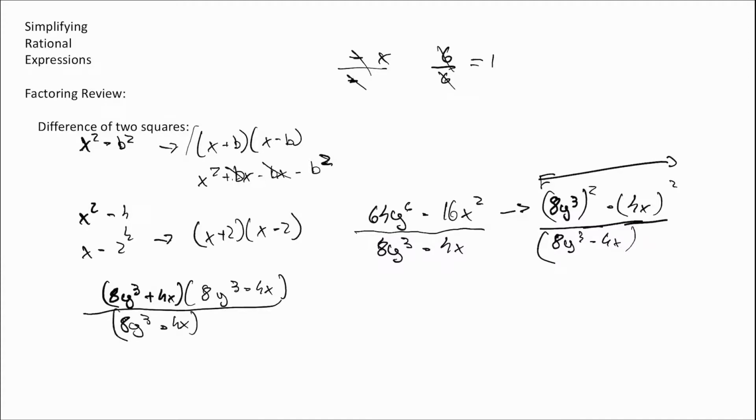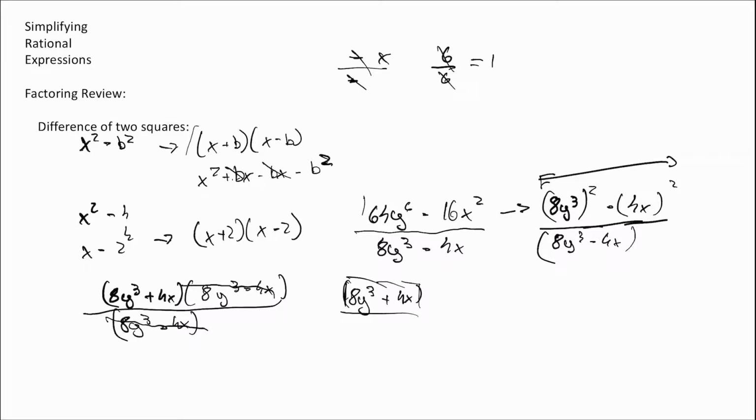So you see here I have factored my 64y to the 6th minus 16x squared to get the same value on top and on the bottom, so that I can cross these out. And then my final answer, my simplified answer for this expression, you see I haven't changed anything. The value is still the same. The only thing I have done is simplify. So my final answer, my simplification, is 8y cubed plus 4x. There we go. That is my final answer.